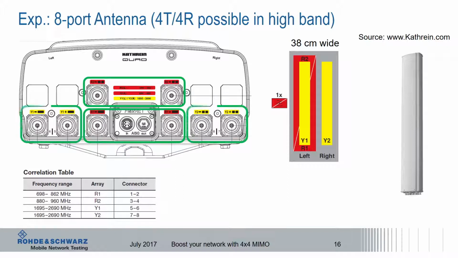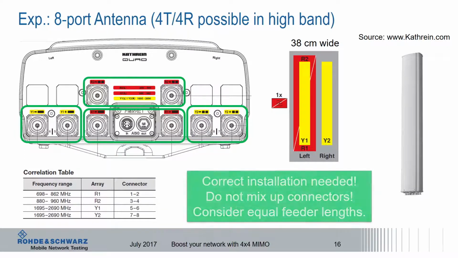And we have 4 antenna connectors for the high band, and they are covering the same frequency bands. So this allows for 4 transmit, 4 receive constellation in 1 high band. Again, do not mix up the connectors and be careful to use the same feeder lengths, because if you go to 4x4 MIMO, you need to take care about the runtime and the feeder lengths.